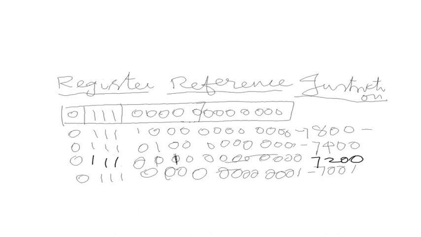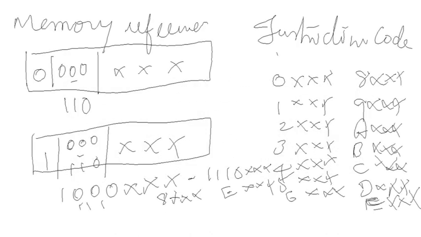Here the memory reference instruction means the mode bit is 0, the opcode runs from 000 to 110, and there is a 12-bit address, which is 3 times 4 bits. So for memory reference, the mode may be either 0 or 1, whatever it is.